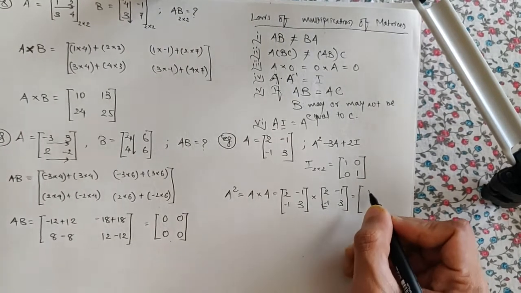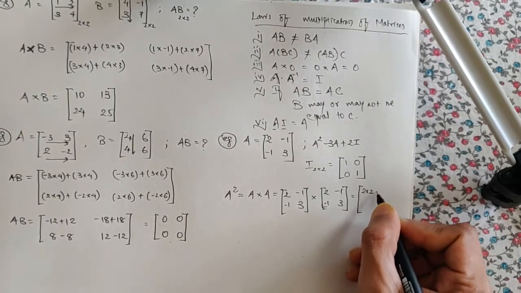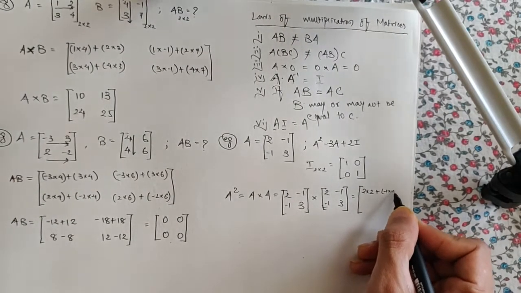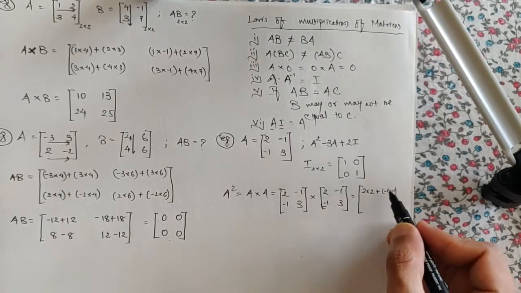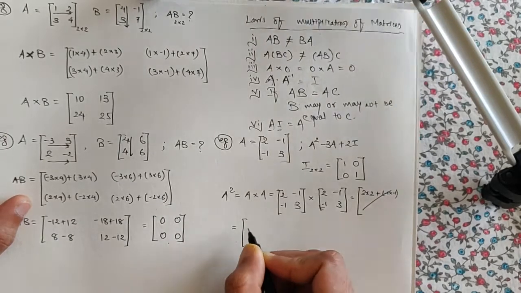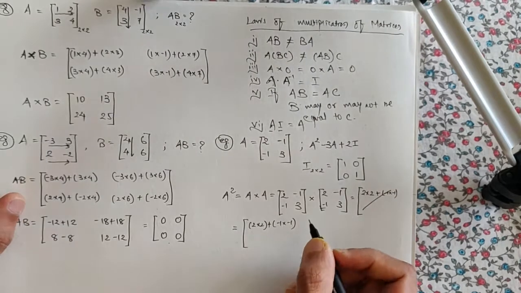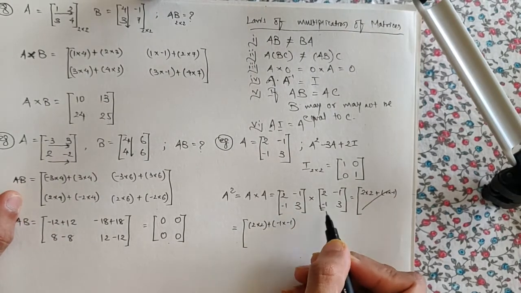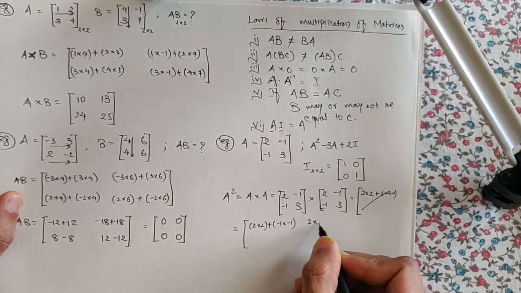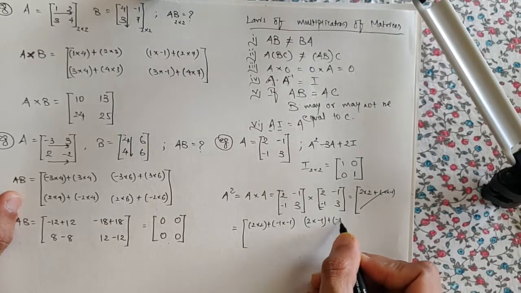So I will get first row into first column, 2 into 2 plus minus 1 into minus 1. Then first row, second column, 2 into minus 1 plus minus 1 into 3.